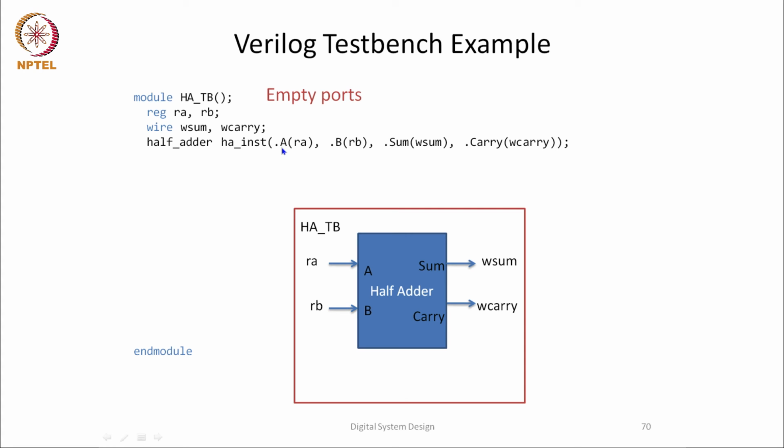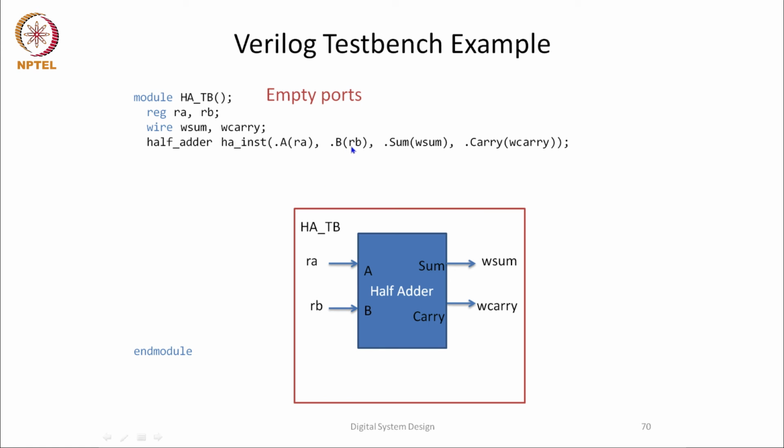But if you remember in C or C++, whenever the scope is inside a particular module, here half adder is the module, and the scope of this A is half adder dot A. So half adder is implicit here, and dot A means the scope of this A is inside the half adder. So dot A is connected to RA of our test bench.